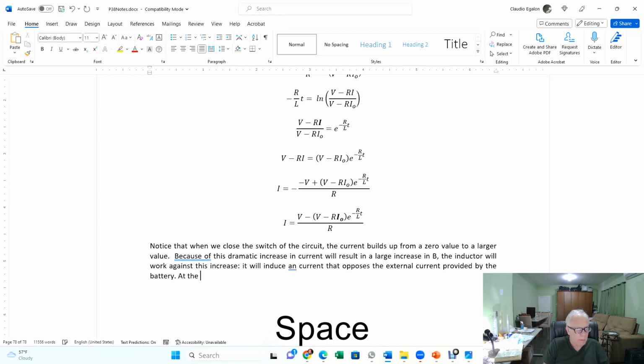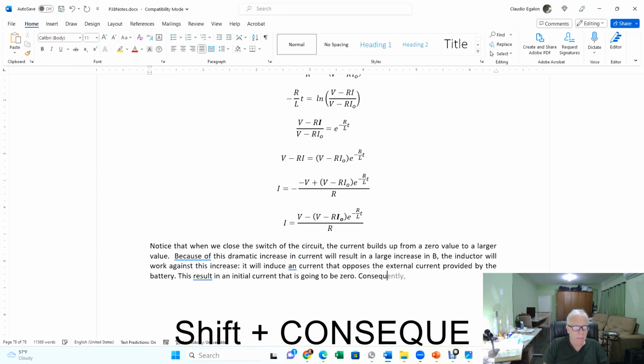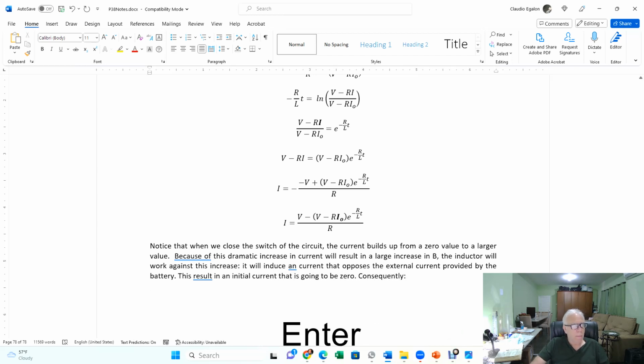At the end, this results in an initial current that's going to be zero. Consequently, what we end up having is going to be something that doesn't have the I naught in there.